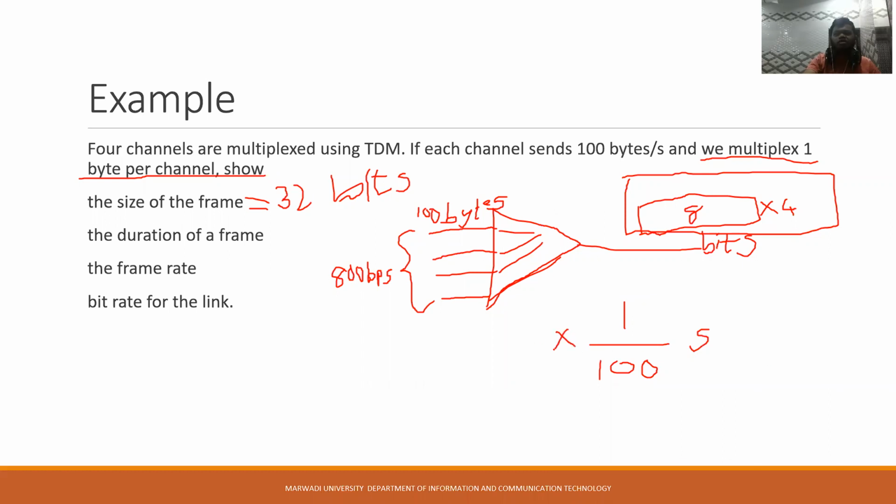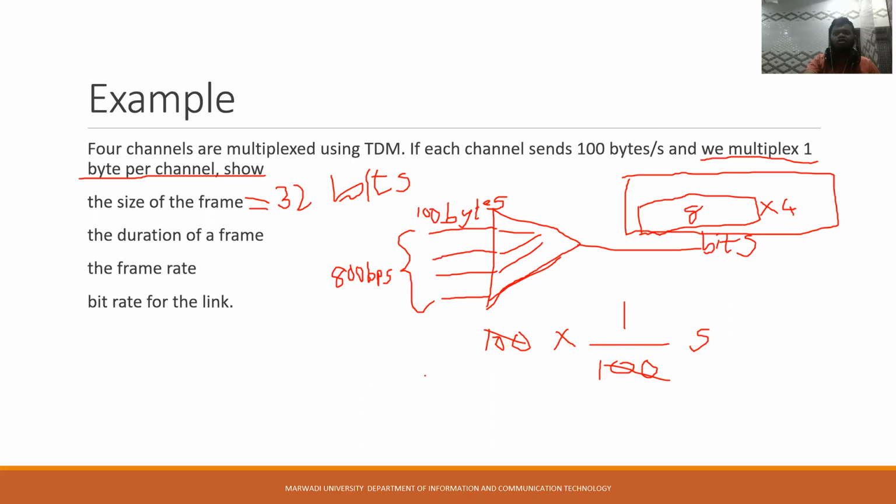So if we multiply this with 100, that is the number of frames we need to pass in a second. If a frame has a duration of 1 upon 100, and we want to send 100 frames, this 100 would just cancel out, and we would have 1 second.